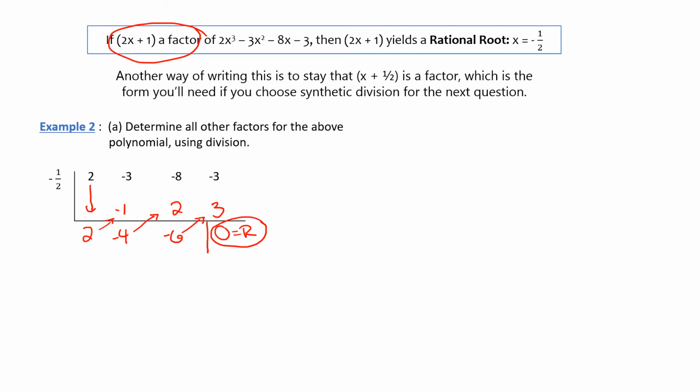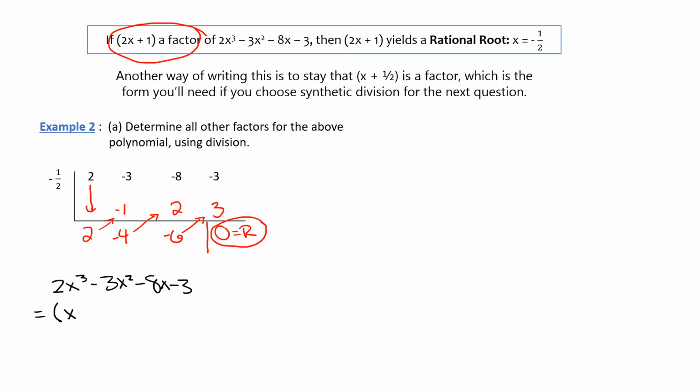So the question says determine all other factors using division. What I've got here so far is my original question, 2x cubed minus 3x squared minus 8x minus 3. So I now know that's equal to the factor of, well, they gave us 2x plus 1, but we changed it.